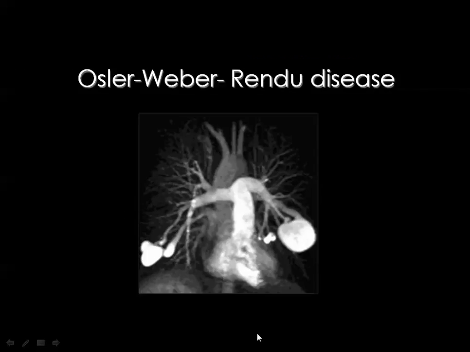Of course, if you are not able to inject the patient with contrast because of bad renal function or hypersensitivity to contrast media, then you may have the alternative, which is the MR angiogram. This is an example of a pulmonary MR angiogram. You should know that the MR angiography is not performed using contrast media.